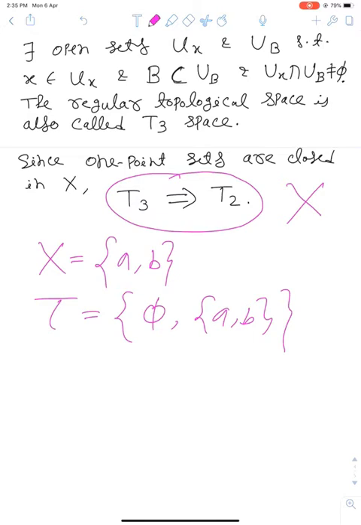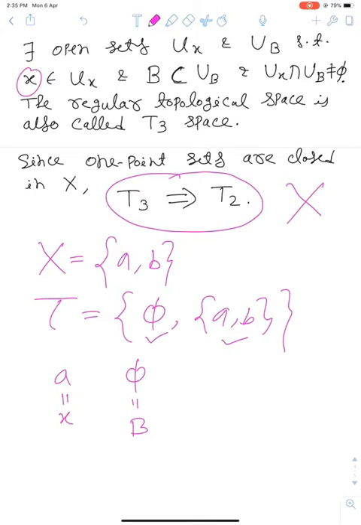Now suppose your x is just the point A, then what will be your B? So B is a closed set disjoint from A. Now what are the closed sets in tau? The only open as well as closed sets in tau are the empty set and {A, B}. Therefore, if this is my x, then my B will be this empty set, right? Now this is the only possibility, right?